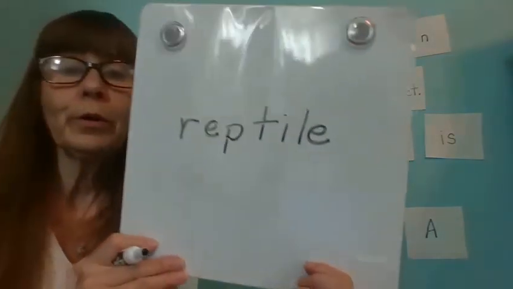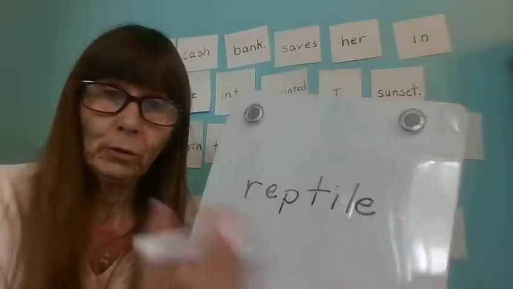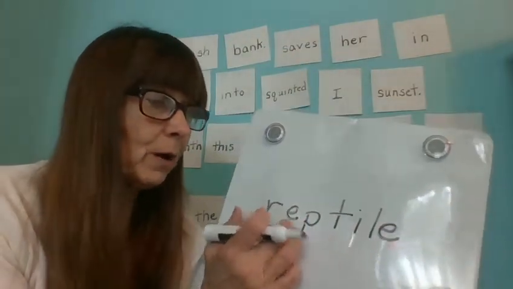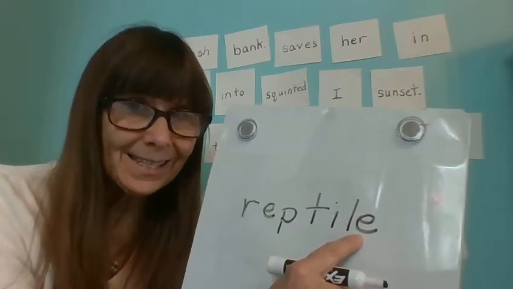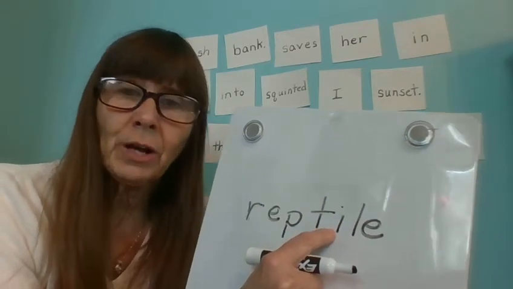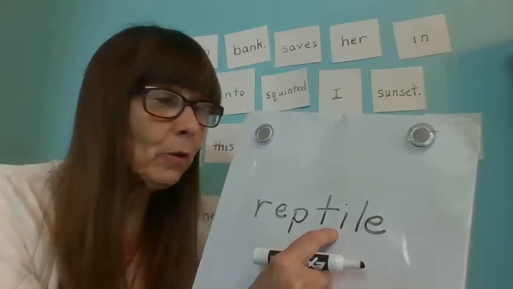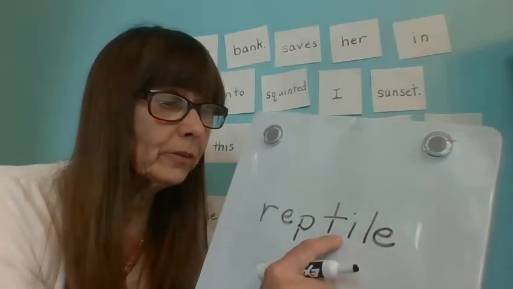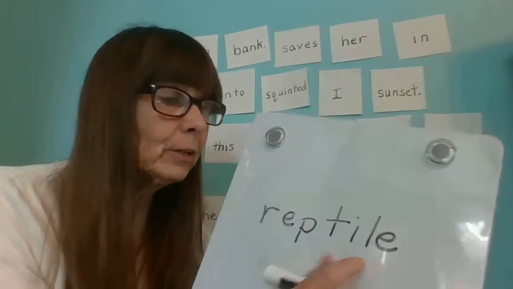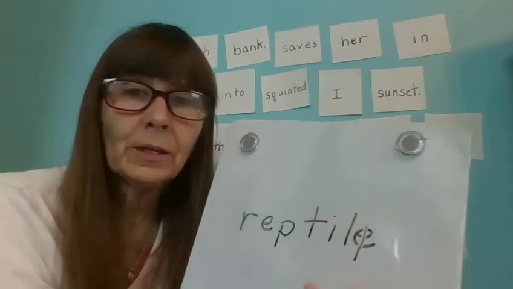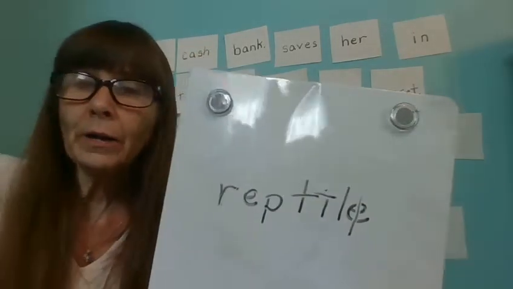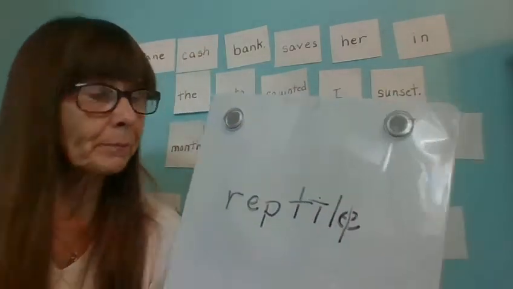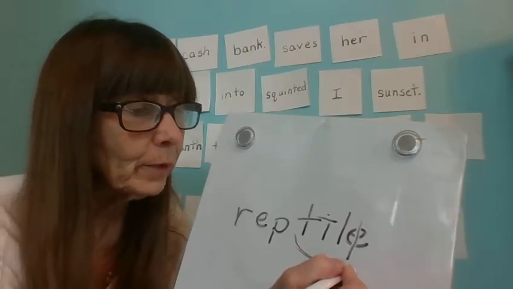So here's the word. You're looking at all the letters, right? You have a vowel, and another vowel. But that vowel is at the end, and it's right after a consonant, which is right after a vowel. So in this case, it's going to be a vowel, consonant, E syllable. So we're going to cross out the E. It's not going to say anything. We're going to put a long mark over the I. The I is going to say its name, I. And this is the syllable right here.